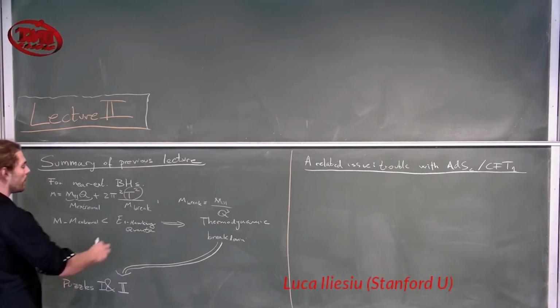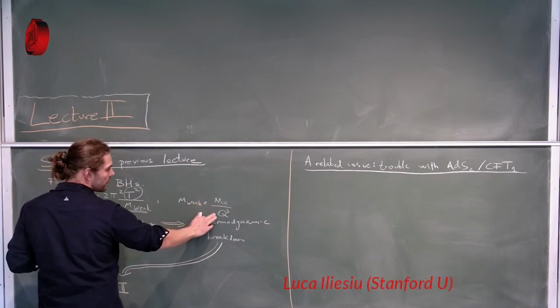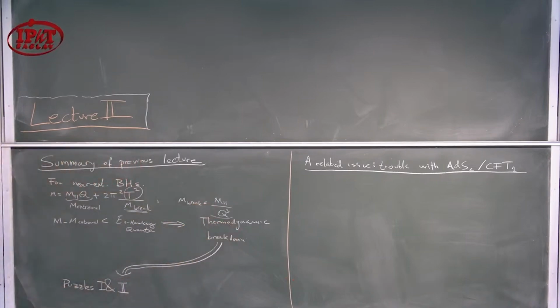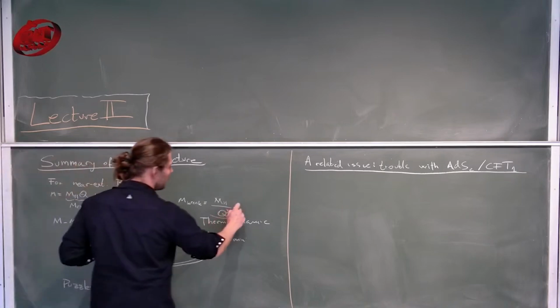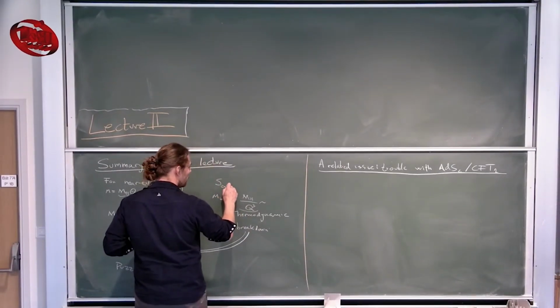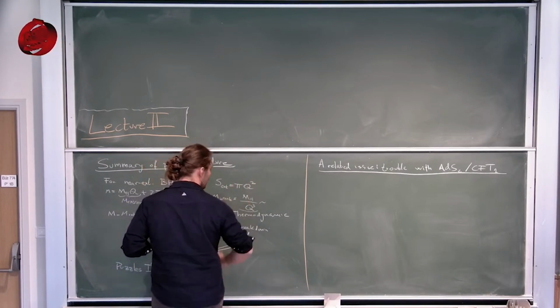And the important parameter here is this breakdown scale, which in terms of the charge of the black hole is given by 1 over Q. If you remember, the extremal entropy of the black hole scaled like pi Q squared. This was also a formula that we had last time.